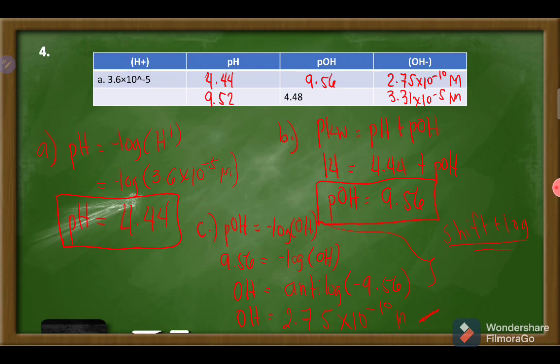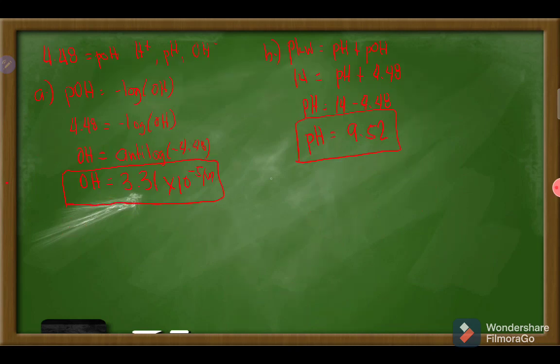Next, for letter C, we are looking for the hydrogen ion. Since we already have the pH, we have pH is equal to negative log times the hydrogen ion. Substituting the values, we have 9.52 is equal to negative log times the hydrogen ion.